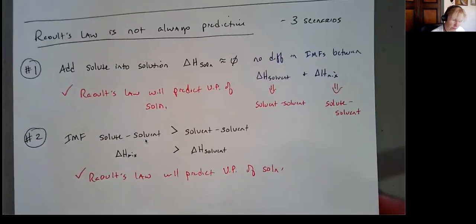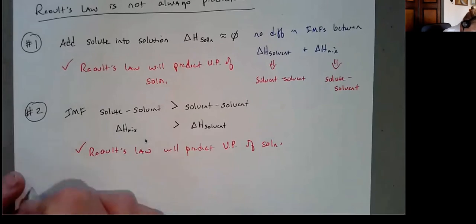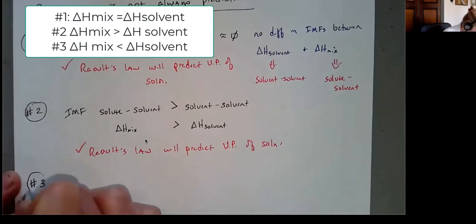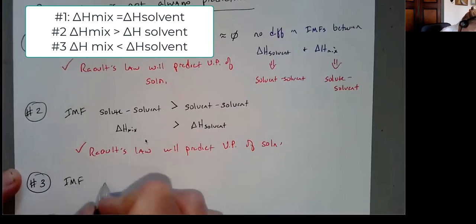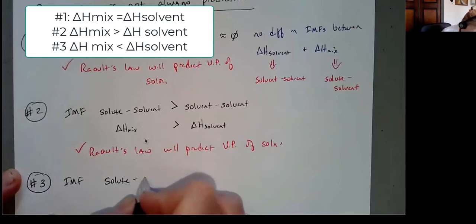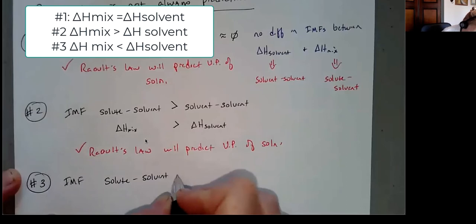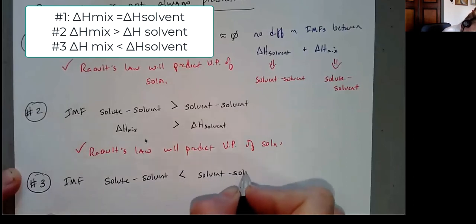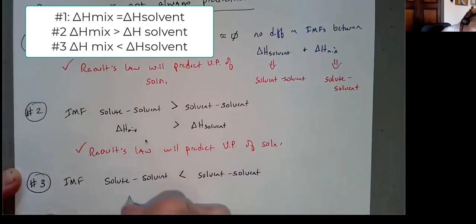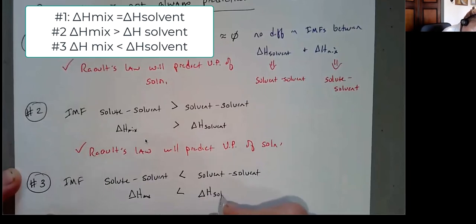My third scenario is the opposite. Let's say that my IMFs between my solute and solvent are less than my solvent-solvent. So now my delta H mix is less than my delta H of my solvent.